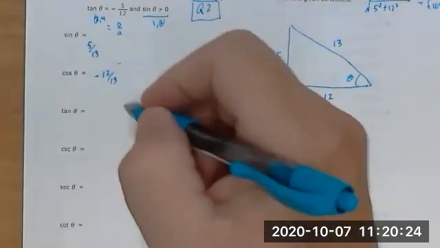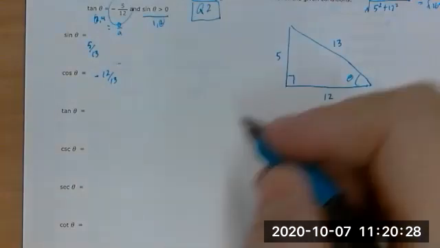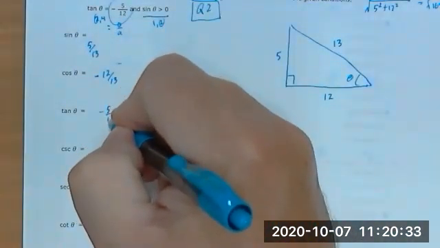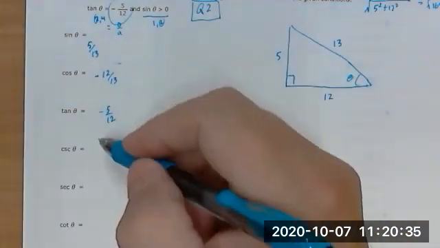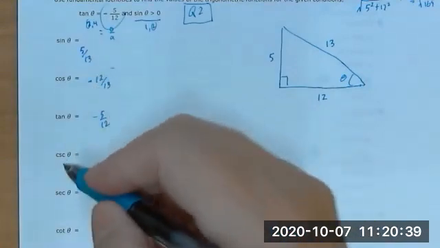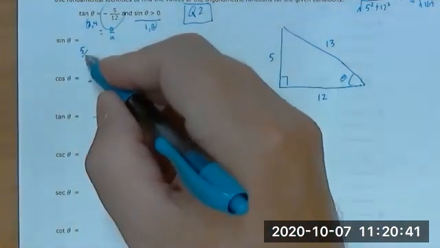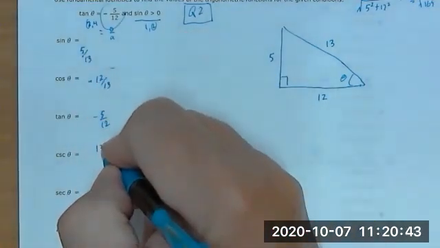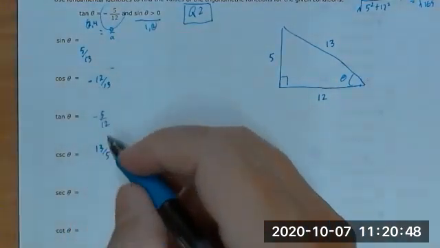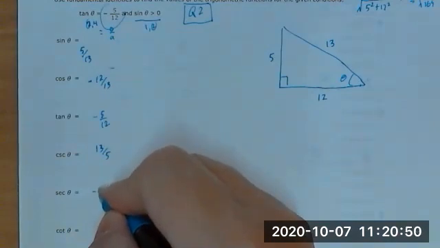Tangent, I could do this, but they actually give me the tangent in the original problem. So now, the three remaining trig functions. Let's take the reciprocals. Cosecant is reciprocal of sine, 13 over 5. Secant is reciprocal of cosine. So you keep the negative.